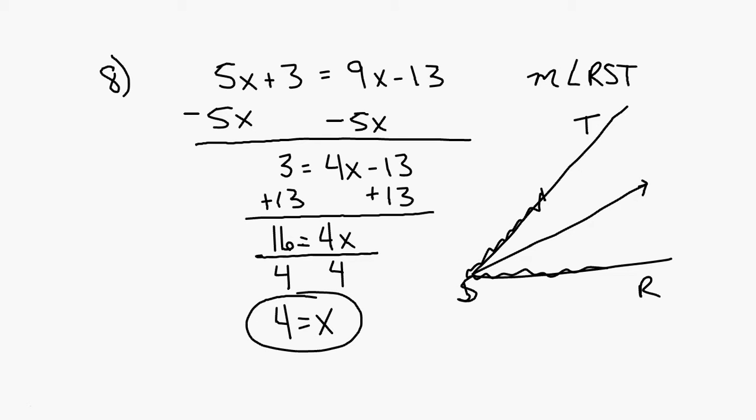So if 4 is equal to x, you can go up here and take 5 times 4 plus 3. 5 times 4 is 20 plus 3 is 23. So this one little angle is 23. How much will the whole angle be? 46. Very good. So 46 degrees.